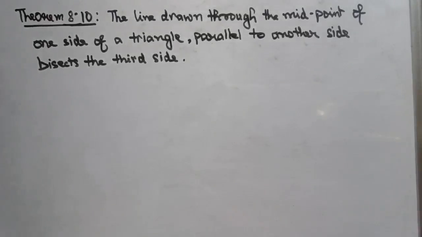Next theorem. The statement says the line drawn through the midpoint of one side of a triangle parallel to another side bisects the third side.